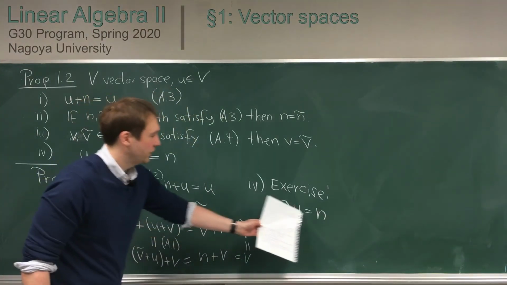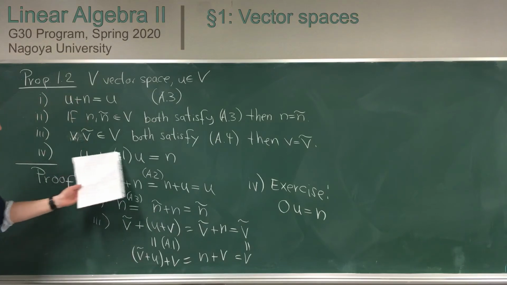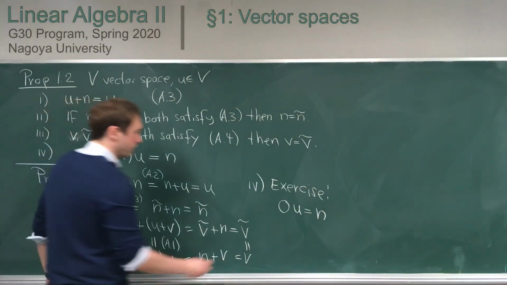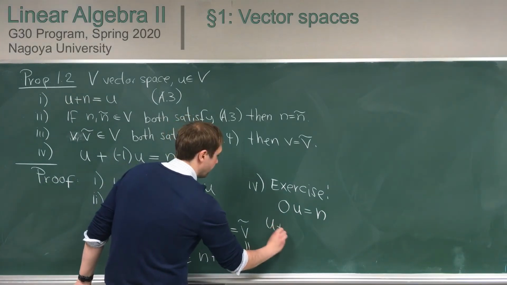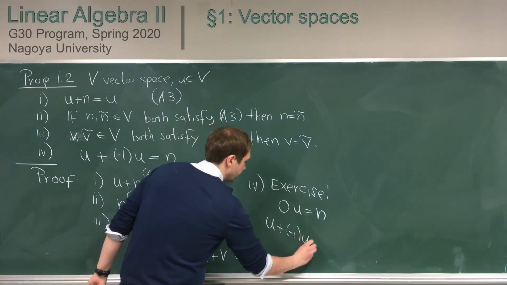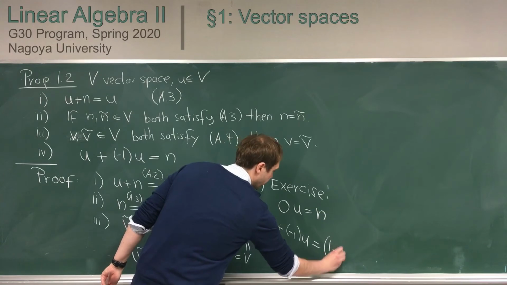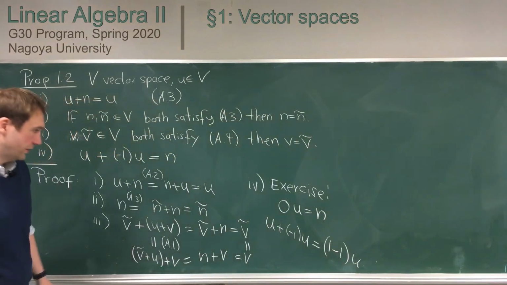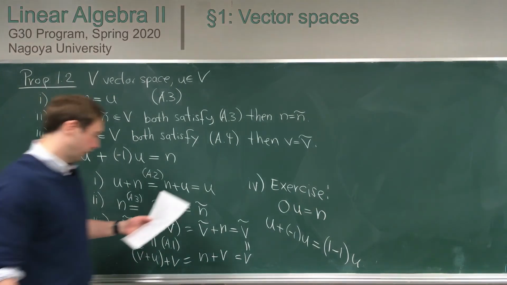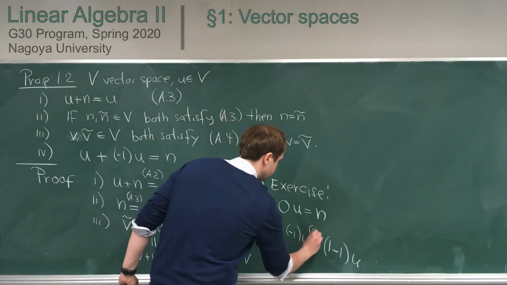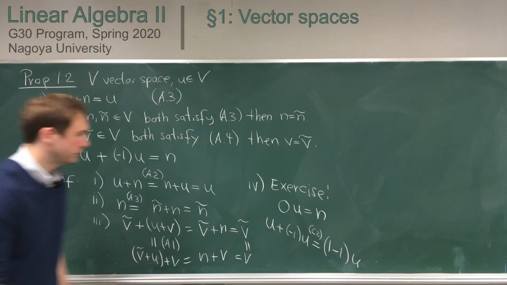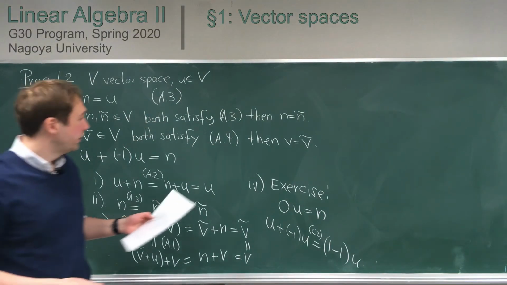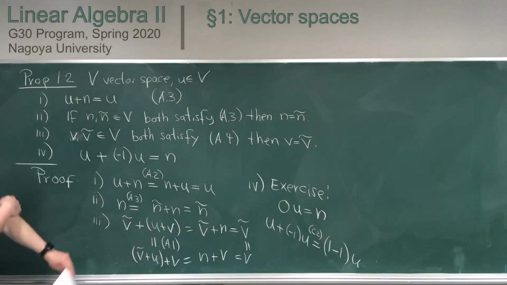If you can show this, you will see that you can also show this property here by using the property that u plus minus 1 u is 1 minus 1 u by C2. Okay, so this is the first proposition.